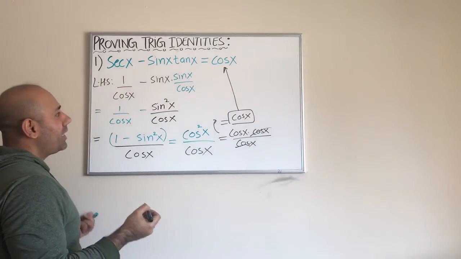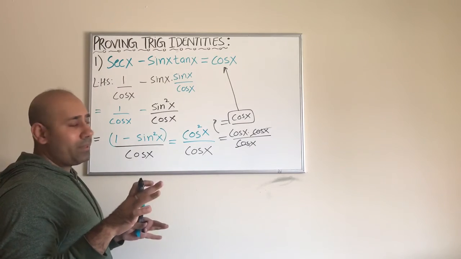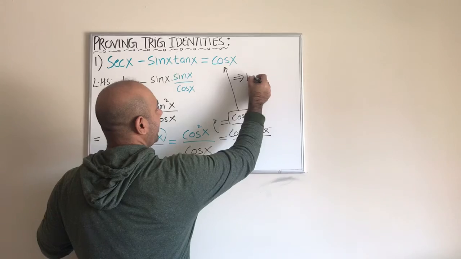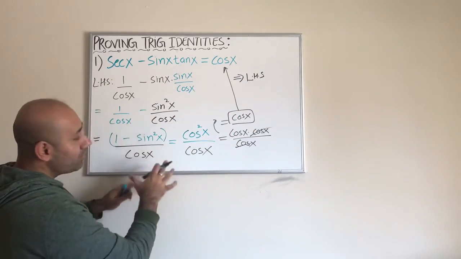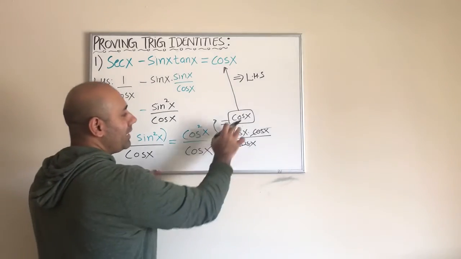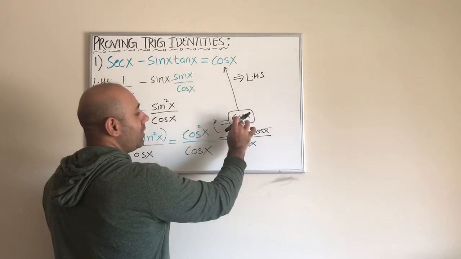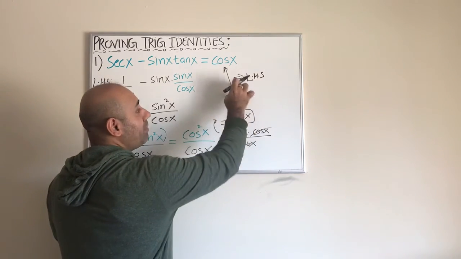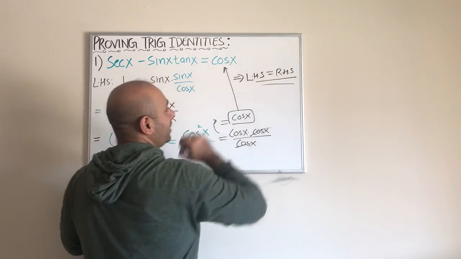So what can we conclude finally? We should actually write that final step, which is, it implies that the left hand side, so we got the left hand side, we simplified, we used the identities, and we got it exactly like the right hand side. So finally from this, we can justify, this implies that the left hand side equals the right hand side, and we are done.